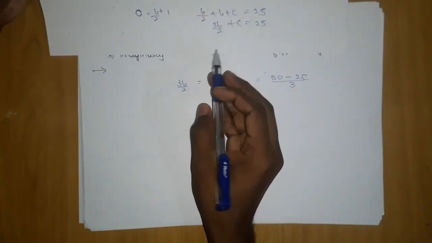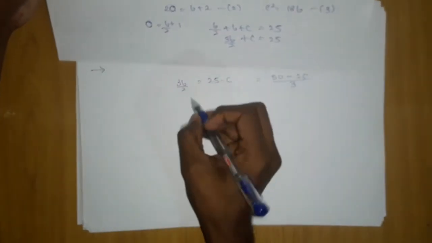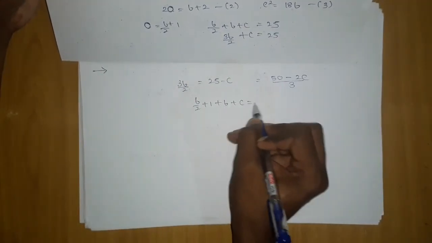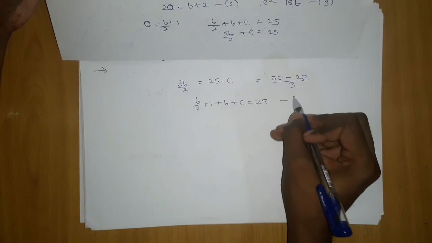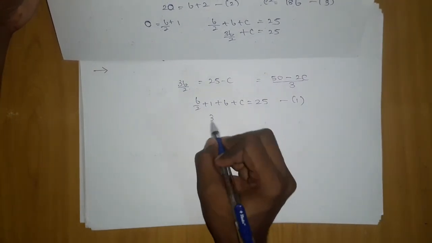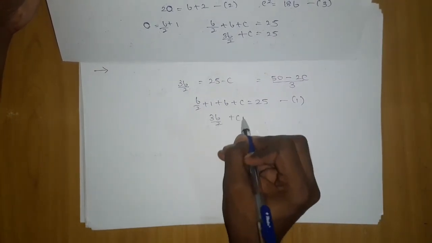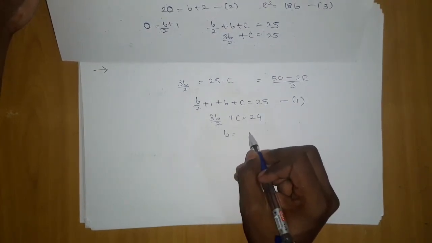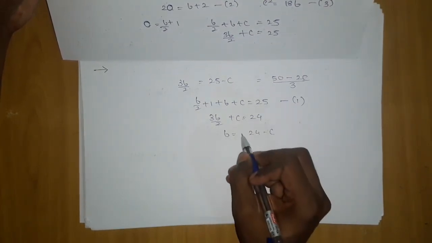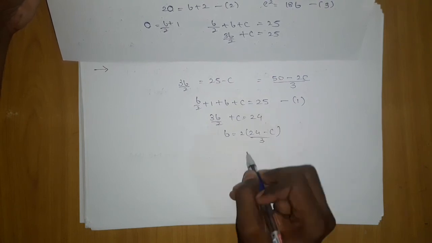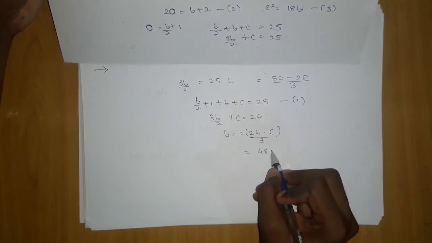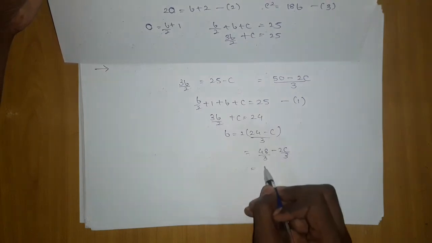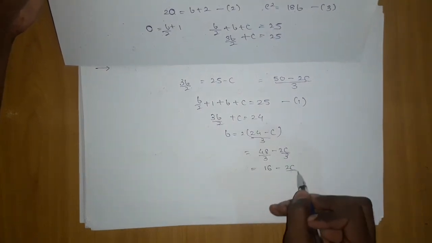We know we substituted a is equal to b by 2 plus 1, plus b plus c is equal to 25. We substituted in the first equation. This will give me 3b by 2 plus c should be equal to 24, giving me b is equal to (24 minus c) into 2 by 3, which gives 48 minus 2c by 3, which gives 16 minus 2c by 3.